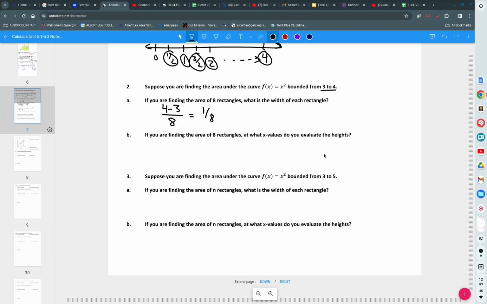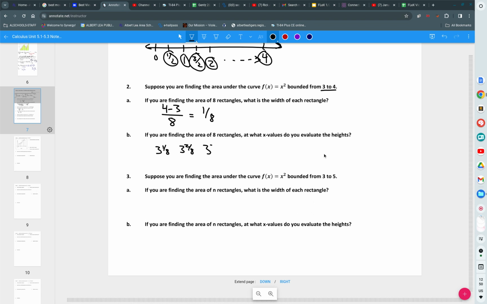Talk to the person next to you. At what values do you evaluate the height of those rectangles? See if you can figure it out. Talk. Go. Are we also drawing another number line? But are we doing this right-handed or what?